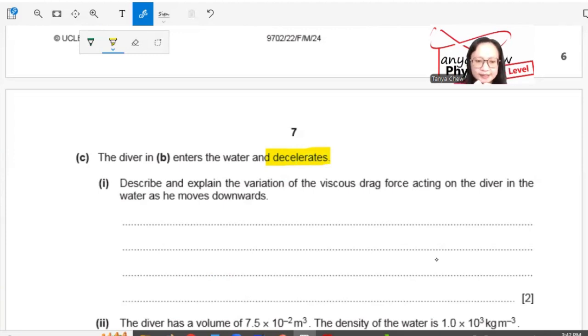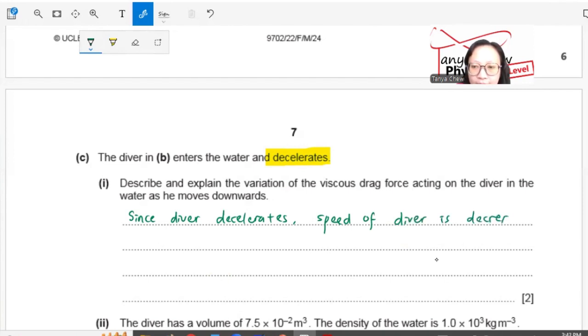So I would say that the variation of the viscous drag force, right? Since the diver decelerates, what happens to the speed of the diver? Since the diver decelerates, the speed of the diver is decreasing.